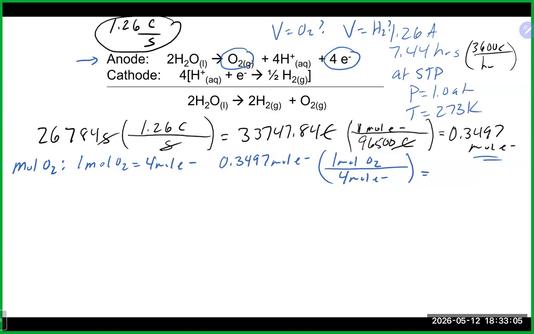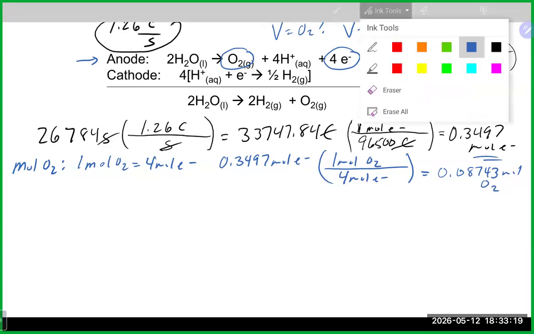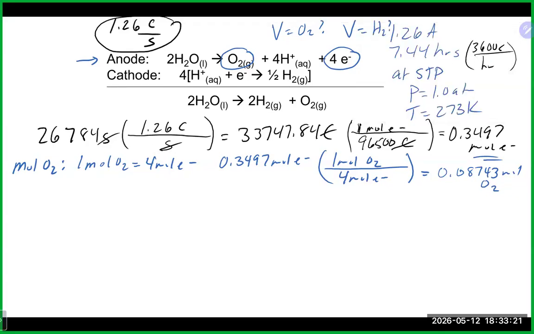And that's going to get us about 0.08743 moles of oxygen. We could do the exact same thing here, but look at our hydrogen in this case. If we look down here, we can see there is a 4 on the outside, which does get multiplied in.